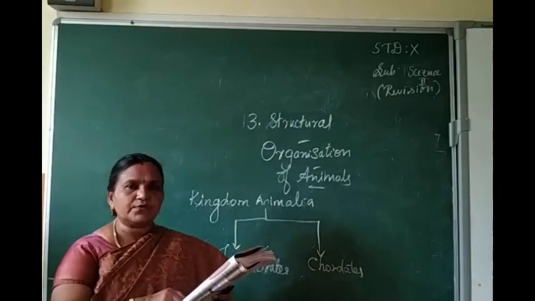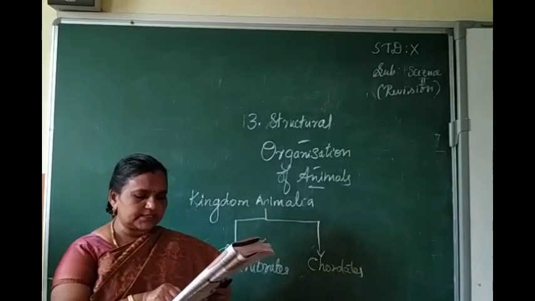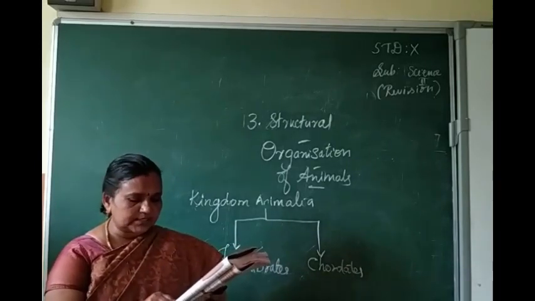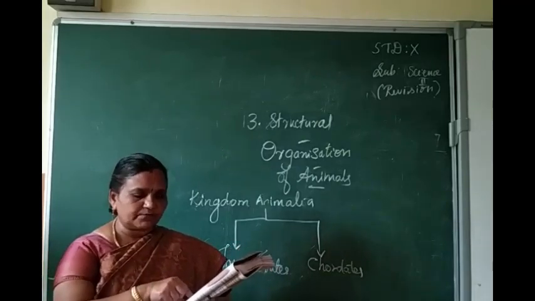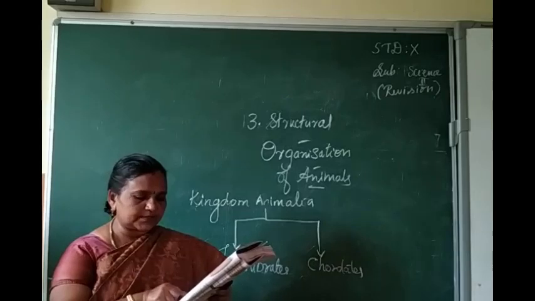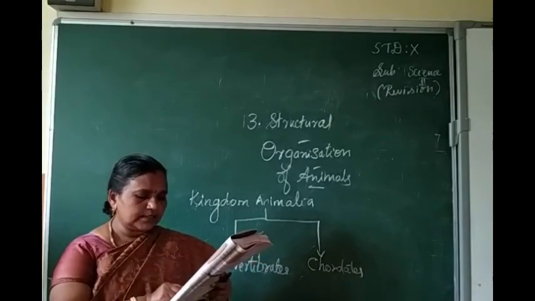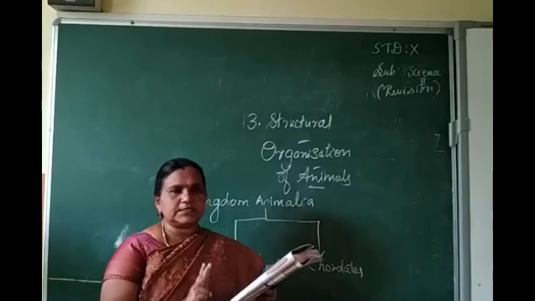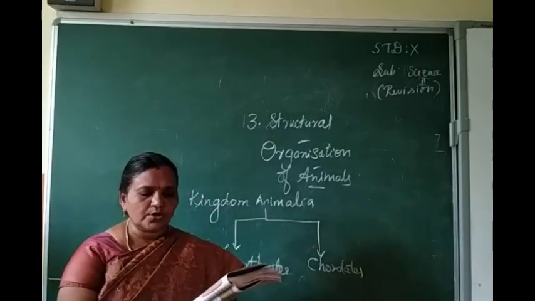What are the types of receptors? In the book itself it is mentioned. Don't forget to write the types of receptors. First you have to write the definition for receptor. What is a receptor? Then afterwards the function and the types. Annular receptors, then segmental receptors, 2 types, and in which segment it is located. That also you have to mention.